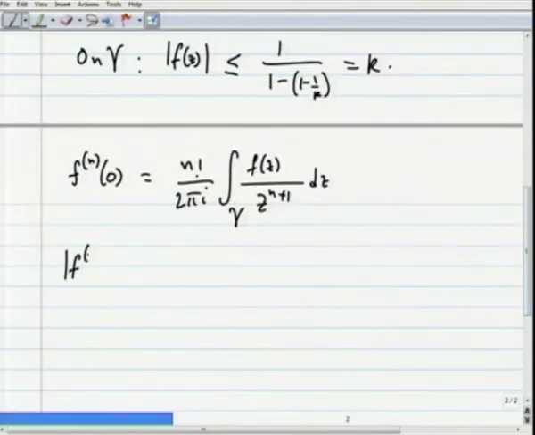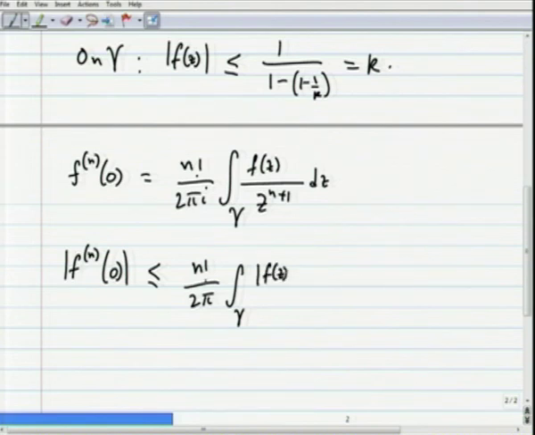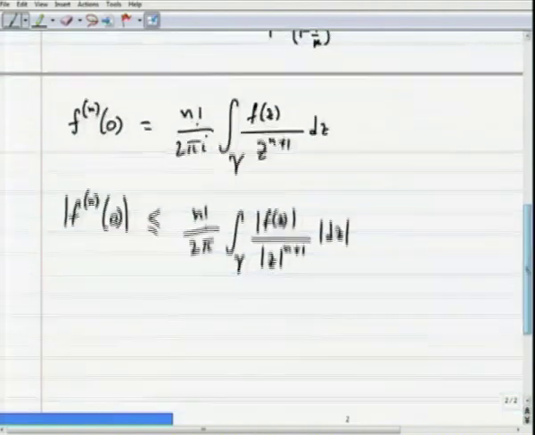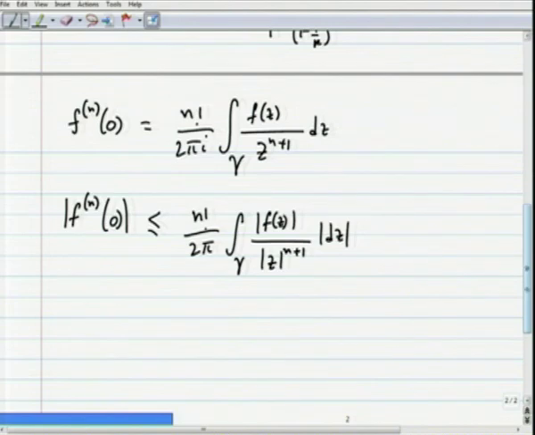So, the modulus of the nth derivative of f at 0 is less than or equal to n factorial divided by 2 pi times the integration over gamma of the modulus of f of z divided by modulus of z power n plus 1, mod dz.